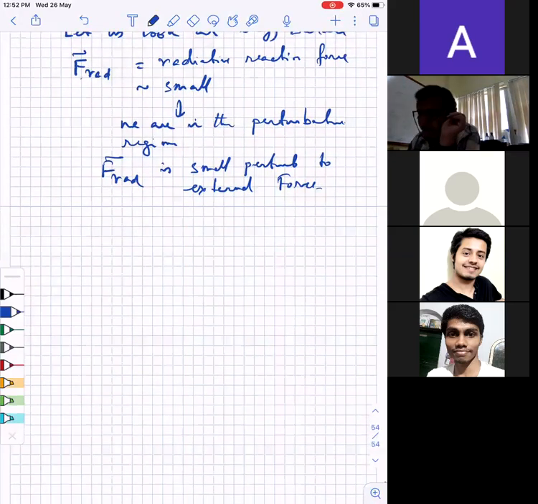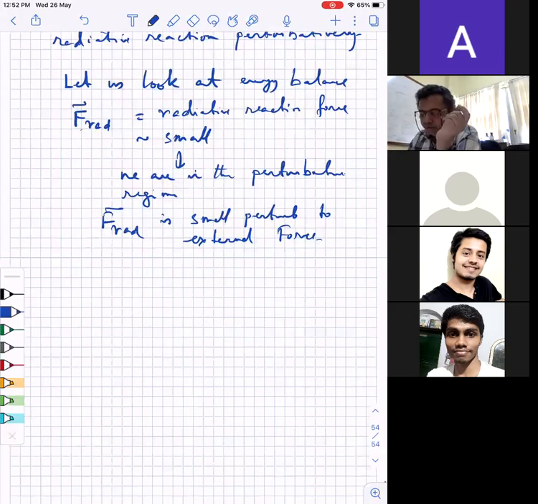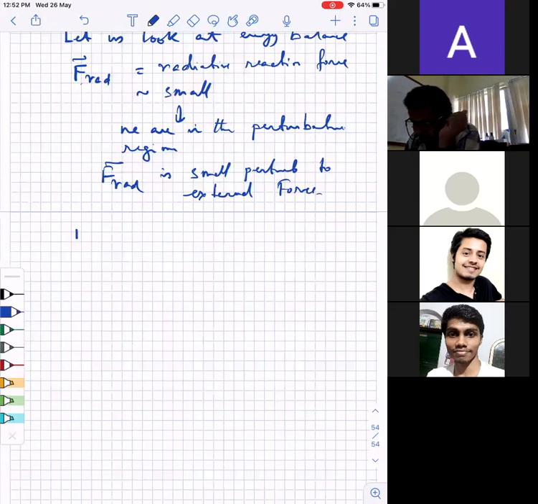Now I can look at the energy being radiated away and equate it to the work done by this force.